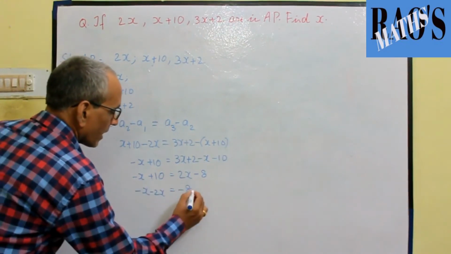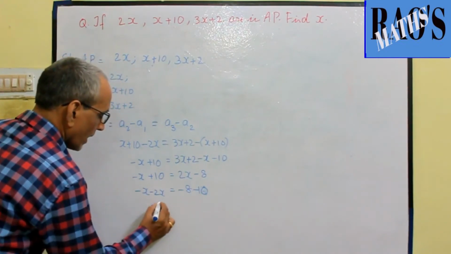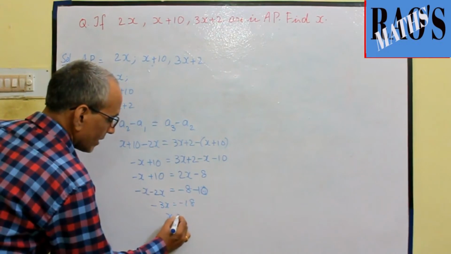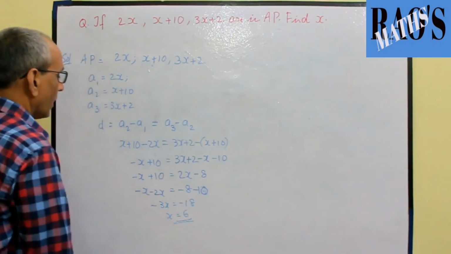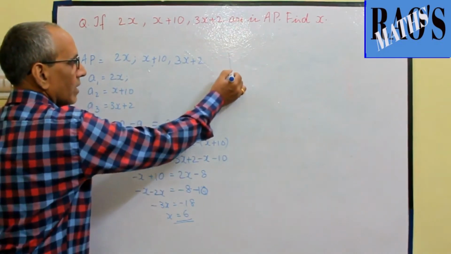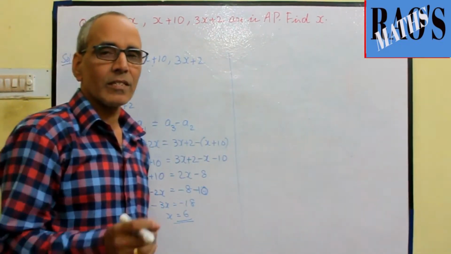This plus 10 becomes minus 10. So minus 3x is equal to minus 18, whereas we get x is equal to 6. The x value we got, 6, by this way, by taking the common difference of any two successive terms as the same.